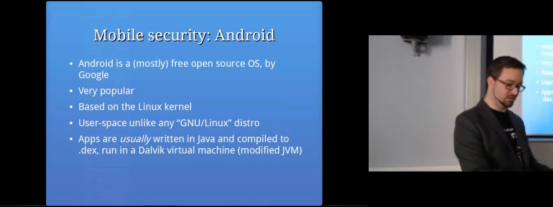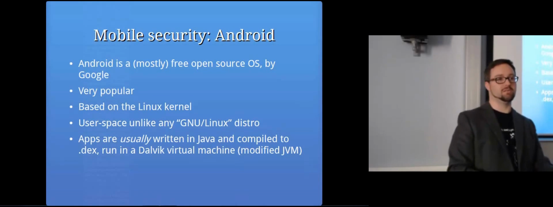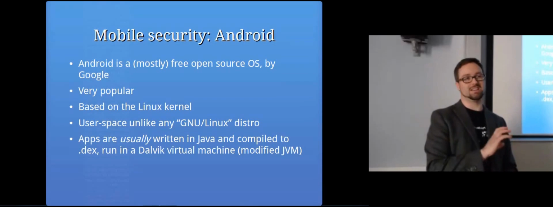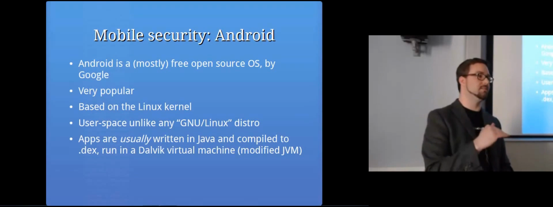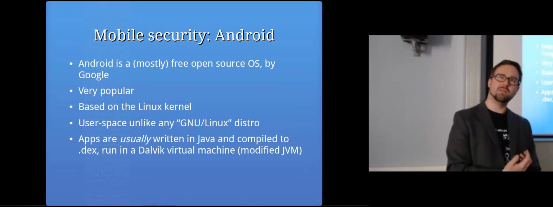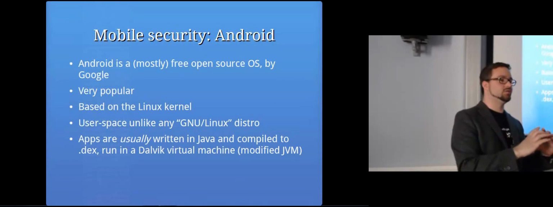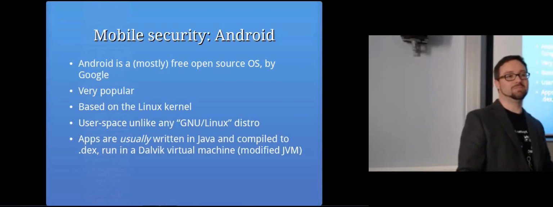Whereas this is just the kernel with basically this Java stuff on top of that. So Google went away and re-implemented the entire Java system. They were based on Apache Harmony, I think it's called, which is Java not programmed by Oracle, basically.